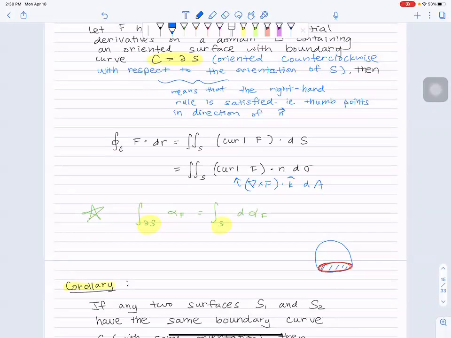Did anyone else see the flux of the curl somewhere? Okay, I'll look at it during the break.